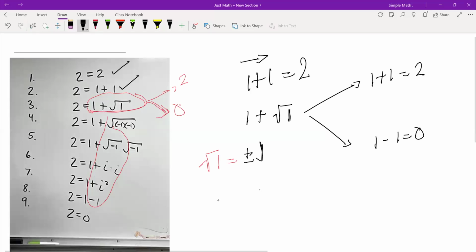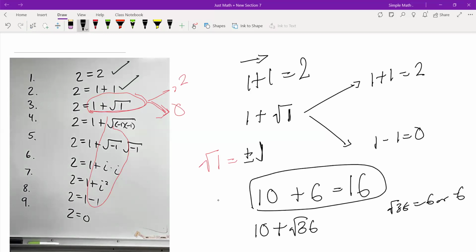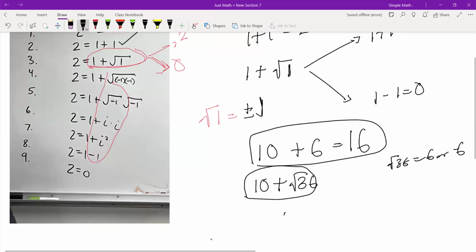Let me use 10 plus 6. I know that 10 plus 6 is 16. But the moment I say 10 plus root 36, root 36 could be 6 or -6. So this goes one way, but the moment I write 10 plus root 36, I start to think, could it be plus or minus 6?